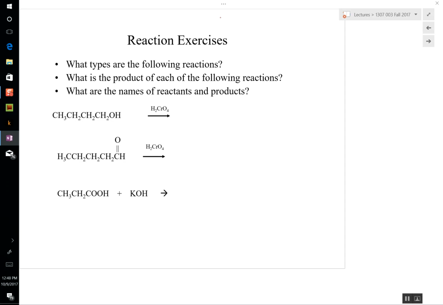Okay, the first one's a 4-carbon primary alcohol. So we're going to get what? A 4-carbon carboxylic acid, right? And what would we call that? 4-carbon carboxylic acid.